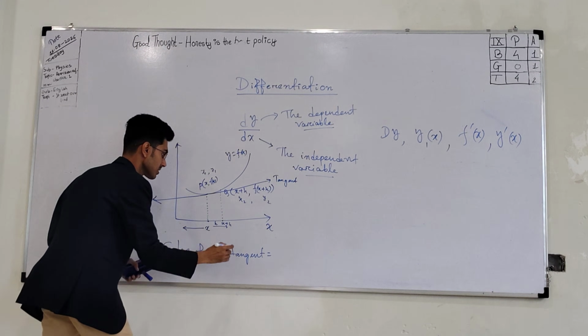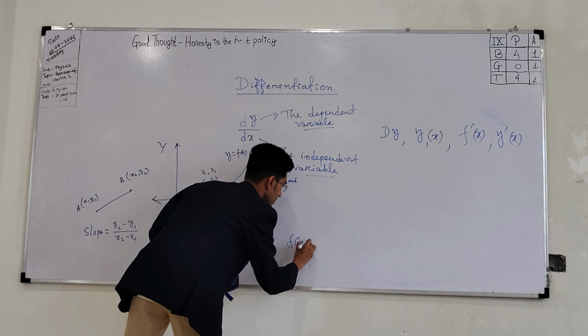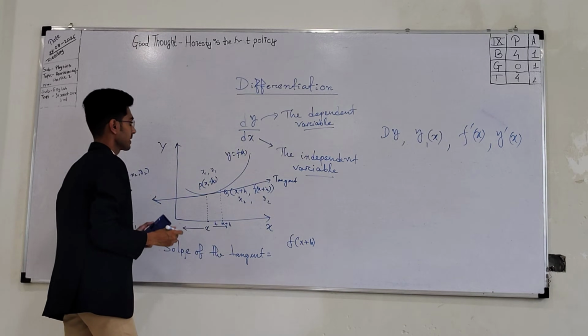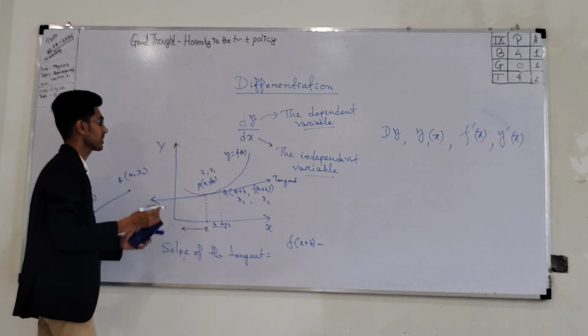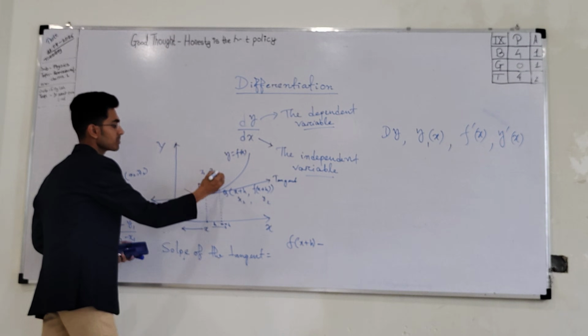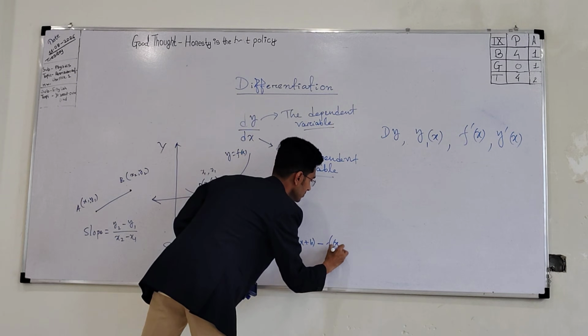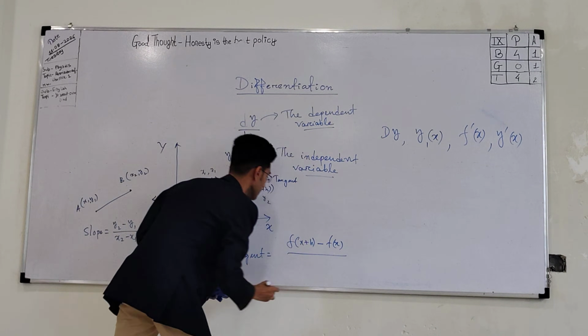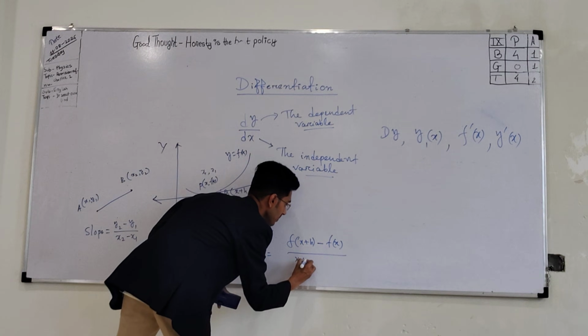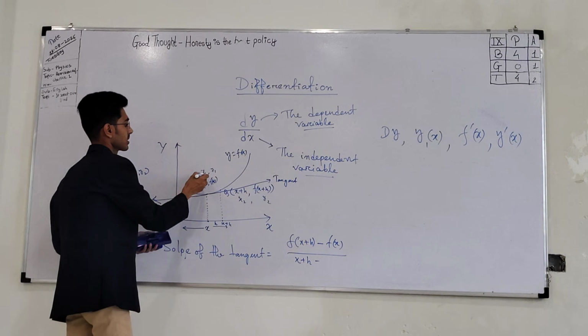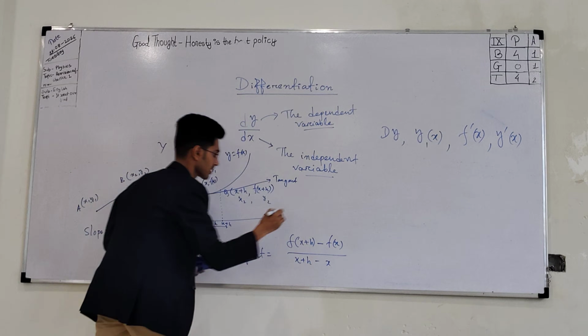So here y2 is f of x plus h, minus y1, which is f of x, divided by x2 minus x1. x2 is x plus h, minus x1, which is x.